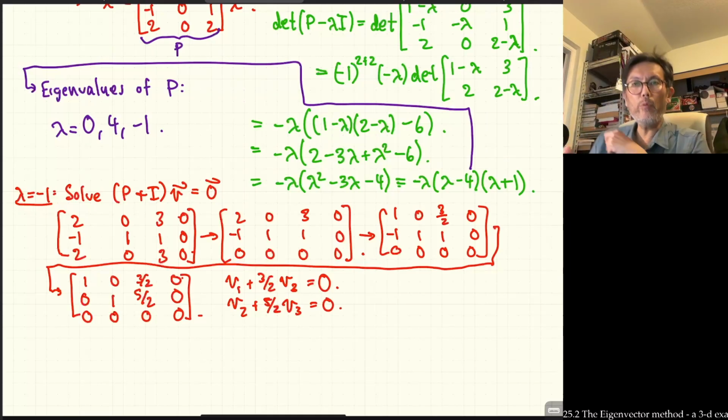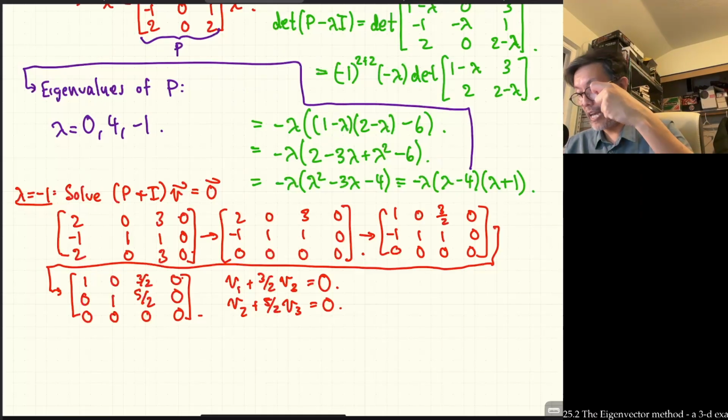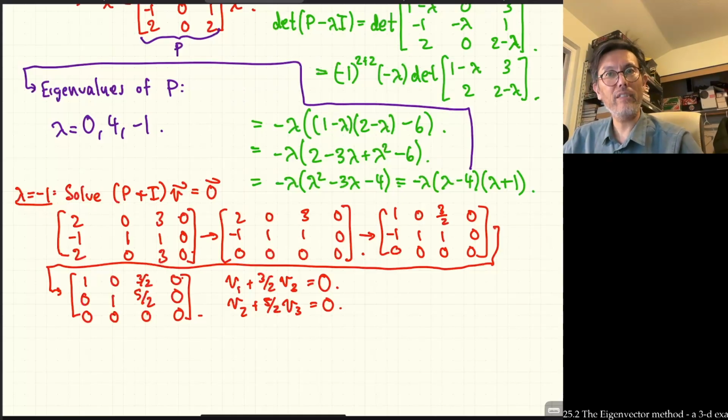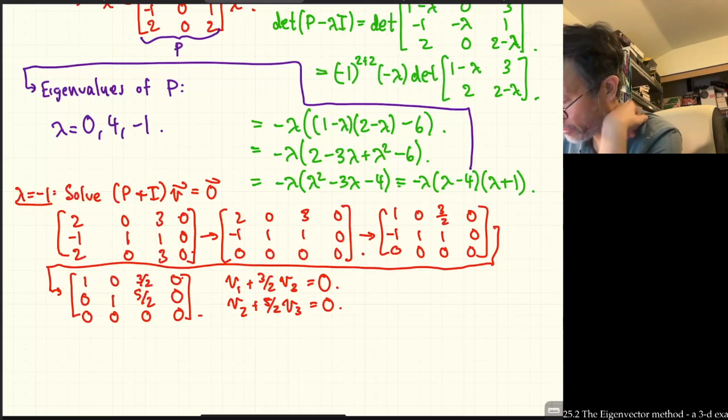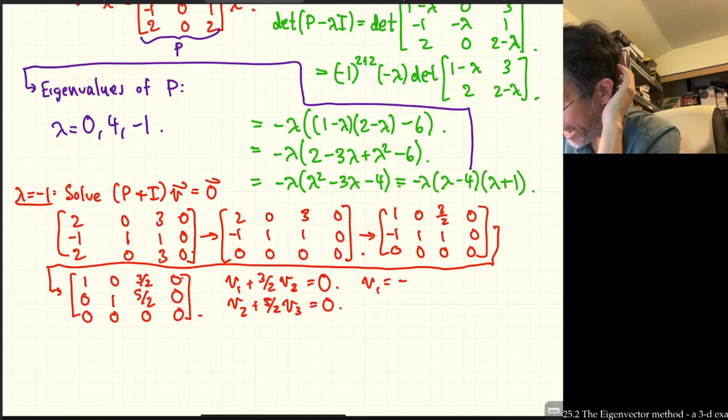So in each of these equations, I can solve for v1 and v2, respectively, in terms of v3. Does that make sense? So what we learned is that v1 is equal to -3 halves v3, and v2 is equal to -5 halves v3.